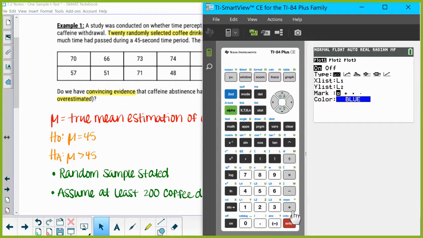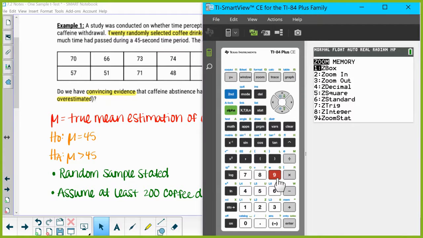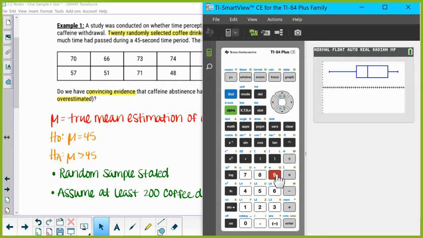If you haven't reset your calculator recently and you've graphed something recently, it should already be on. I always like to select the box plot with the dots next to it, only because that means the calculator is checking for outliers for me. So I'm going to hit enter on that. And then my X list is L1, which is what I want. Frequency, we're going to leave it at 1. And then I'm going to do Zoom 9. And I see my box plot.